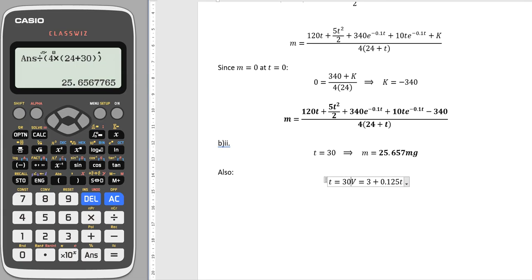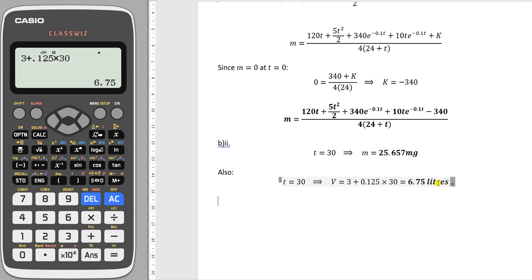So we know that when t equals 30, V will be 3 plus 0.125 times 30. We can check here. If we do 3 plus 0.125 times 30, we get this, 6.75. So now there must be 6.75 litres.